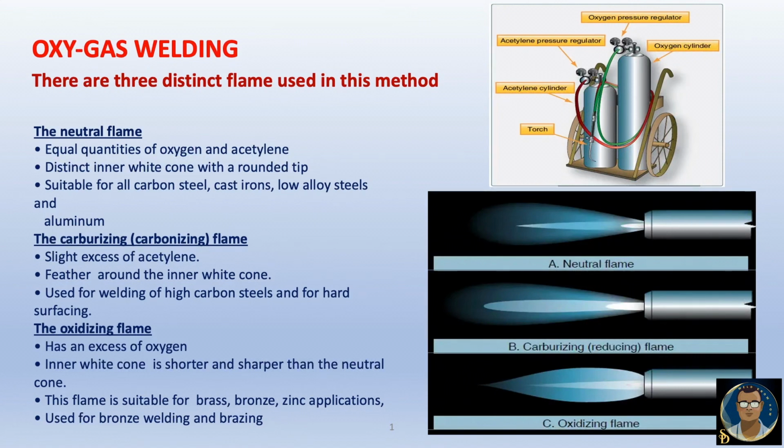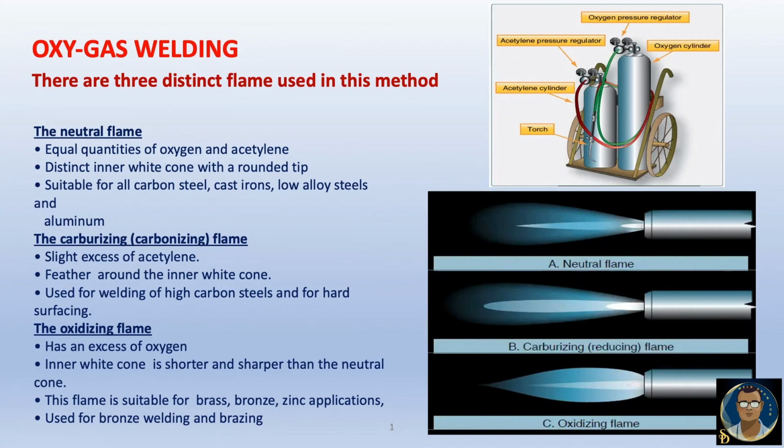There are 3 distinct flames used in this method. In the neutral flame, oxygen and acetylene are in equal quantities; it is suitable for carbon steel, cast iron, all low alloy steel and aluminum welding. The carburizing or carbonizing flame, which has a slight excess of acetylene, is used for high carbon steel and for hard surfacing to harden the outer surface of the job.